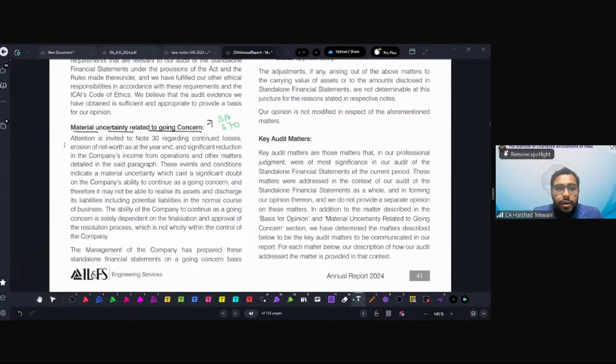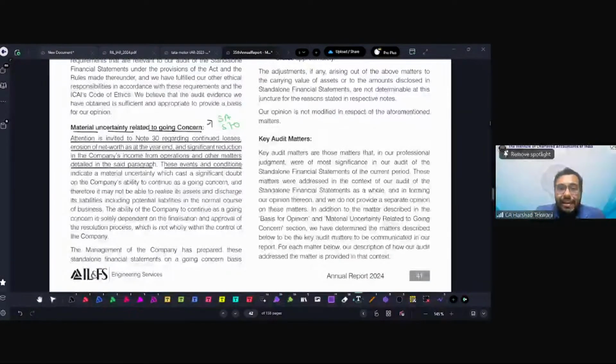What is written: attention is invited on note 30 regarding the continued losses, erosion of net worth as at the year end, and the significant reduction in the company's income from operations and other matters detailed in the said paragraph. These events and conditions indicate a material uncertainty which casts a significant doubt on the company's ability to continue as a going concern, and therefore it may not be able to realize its assets and discharge its liabilities, including potential liabilities, in the normal course of business.